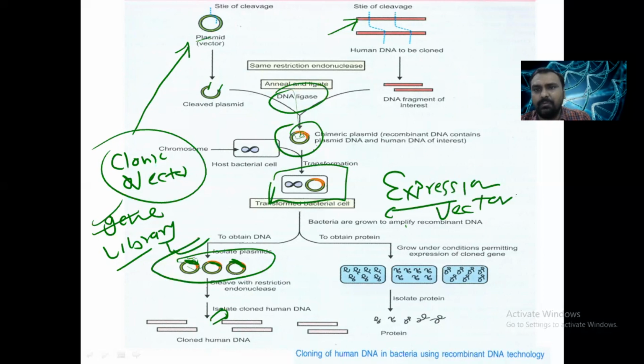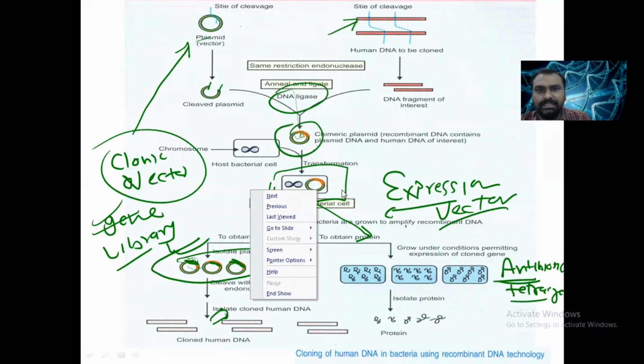which contains a promoter, enhancer, etc., so that it can be translated into proteins. And this host cell, we grow in media that contains an antibiotic, like tetracycline. As we know, many plasmids contain an antibiotic resistance gene.